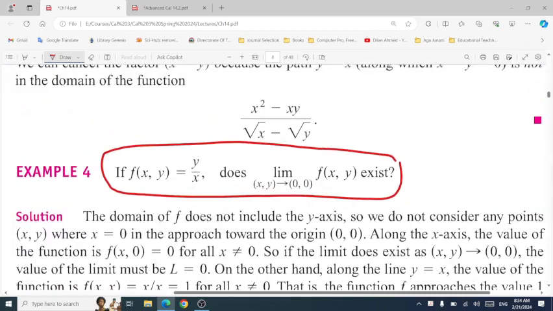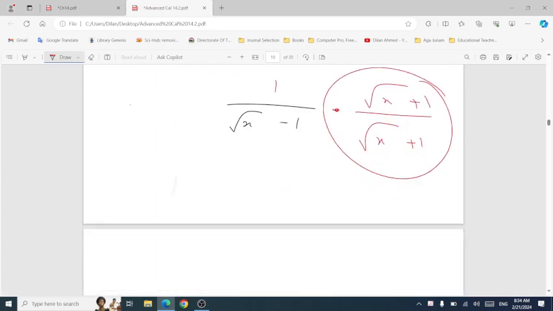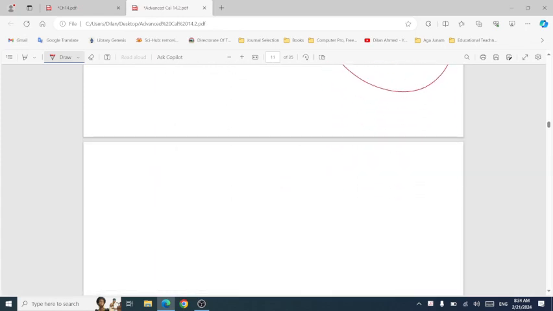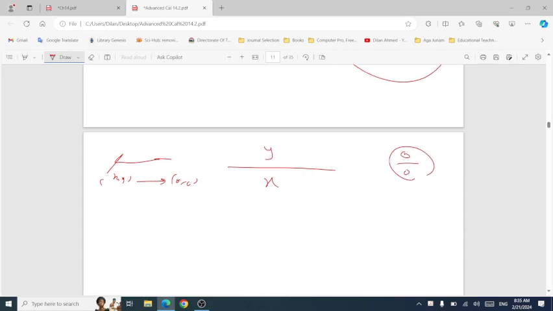I'm going back to the example. We are going to solve this example together: y over x. If I put 0, I'll get 0 over 0, am I right? Any method?